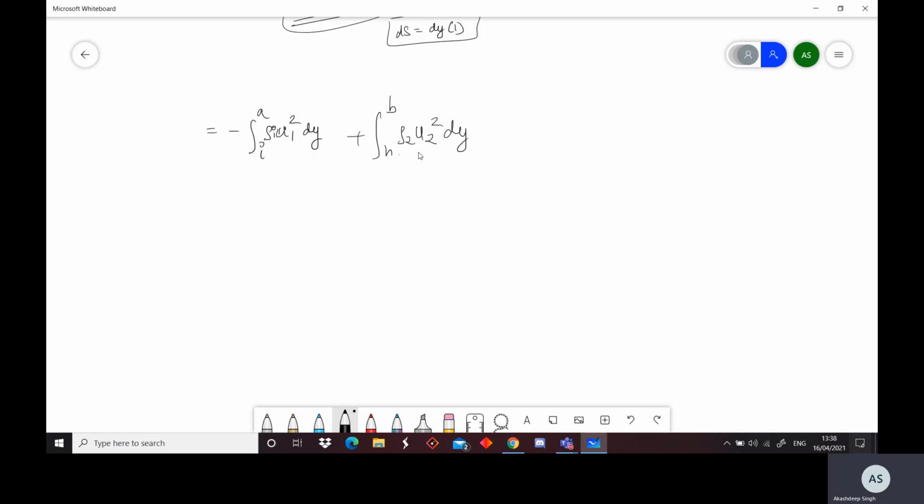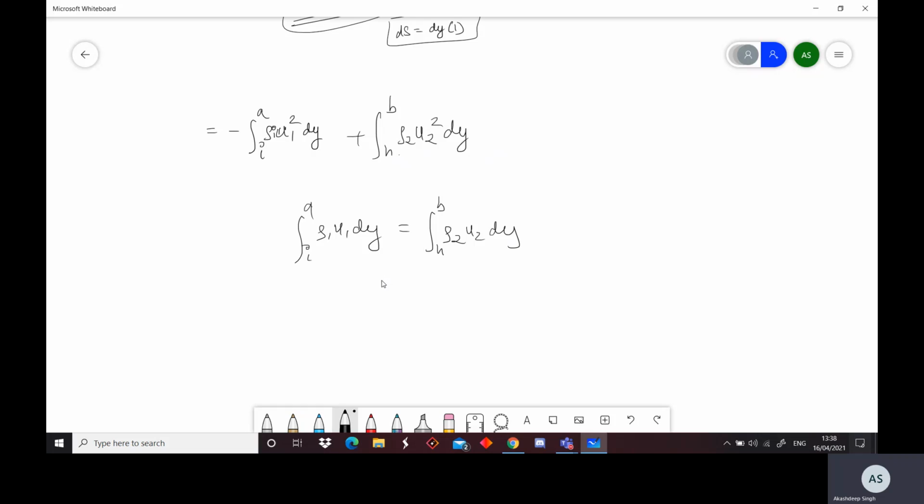Now, before we go further, consider the integral form of the continuity equation for standard steady flow, which I will not write down here, but it is a standard equation. If you apply it to the control volume in our case, we get that the integral from I to A of rho 1 U1 dy is equal to the integral from H to B of rho 2 U2 dy.